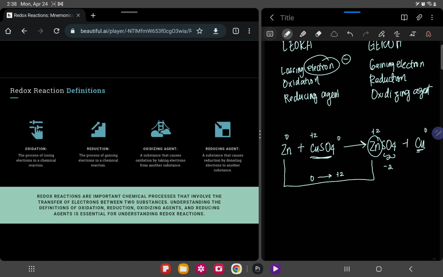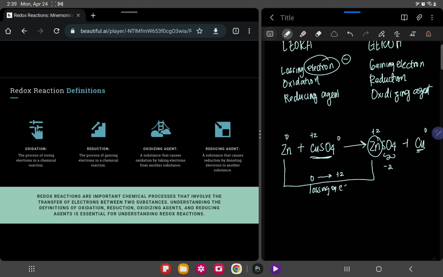We'll have more discussion of that on copper. But as you may see, instead of becoming more negative, your 0 becomes more positive. That means there is an electron decrease. So this will be your losing of electrons.